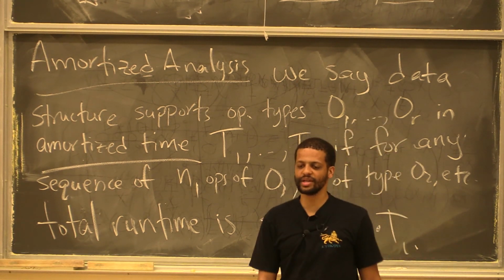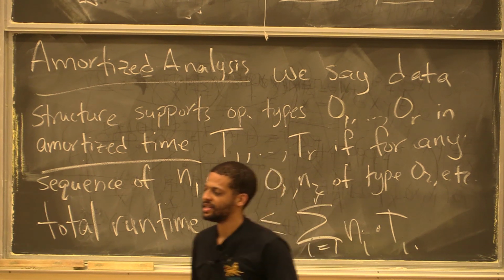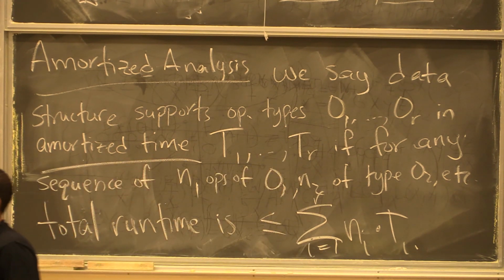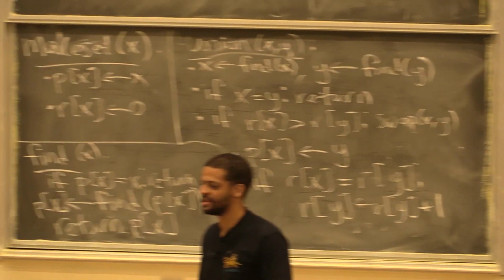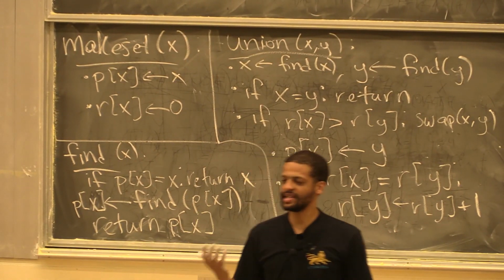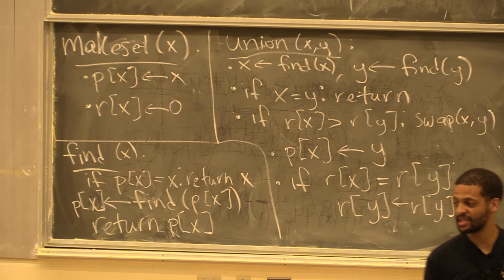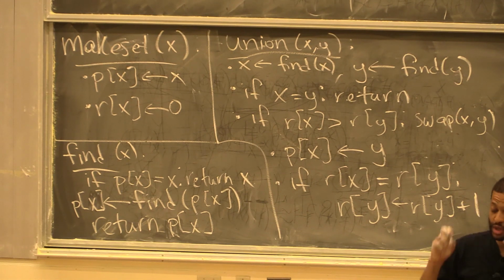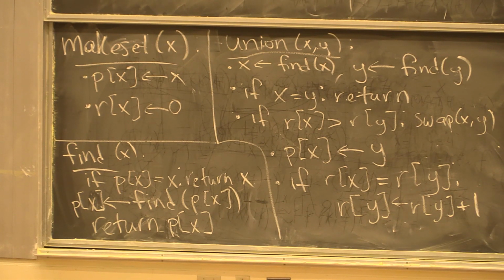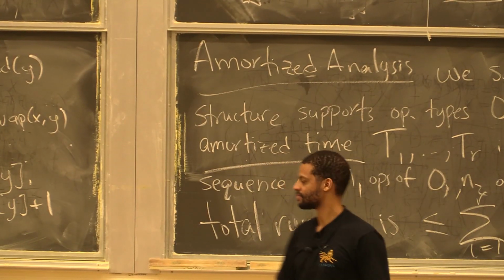Okay? So let's just think about what I'm saying here. When we talk about the worst case runtime of a data structure, let's look at binary heaps, right? They support decrease key, delete min, and insert. When I say that the worst case runtime of decrease key is log n, what I really mean is you'll never spend more than log n time on any decrease key or on any delete min or whatever.